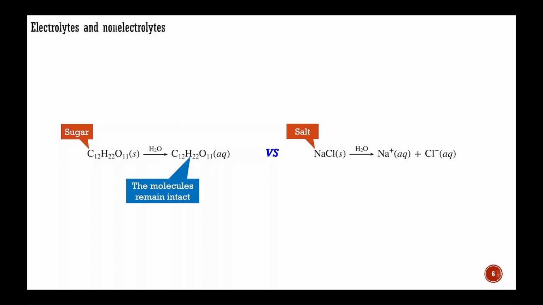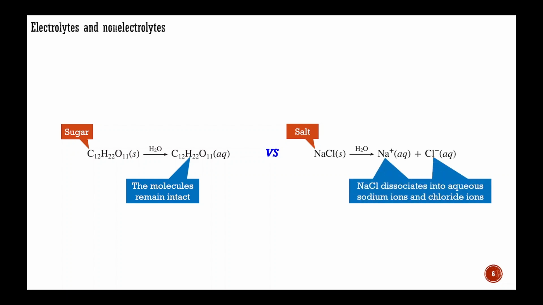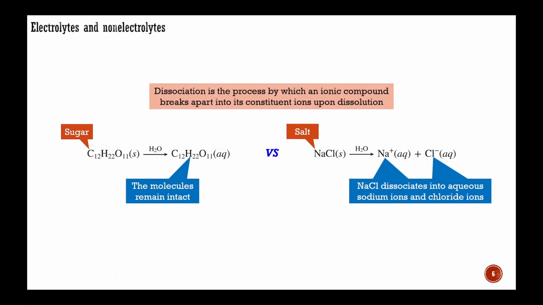When sucrose dissolves, the molecules remain intact, forming aqueous sucrose molecules. In contrast, sodium chloride dissociates into aqueous sodium ions and chloride ions. Dissociation is the process by which an ionic compound breaks apart into its constituent ions upon dissolution.